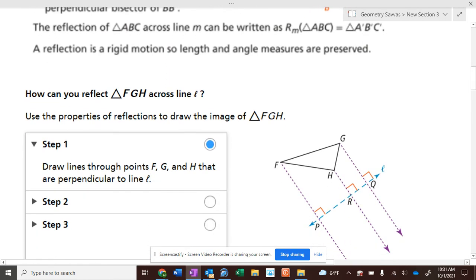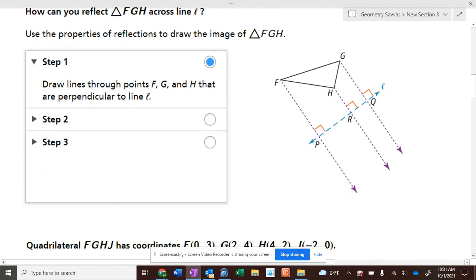Okay? So, looking at this, how do we reflect it across line L? I'll start with H. H is this far away from L, so you keep going that far across L. Okay? G, we go perpendicular to line L. It's this far away, so we again go that far away.